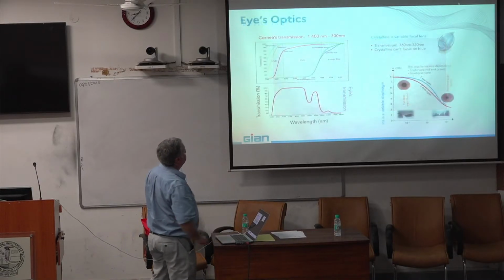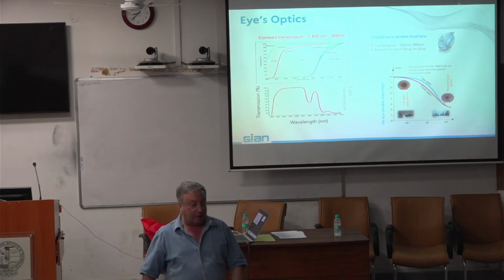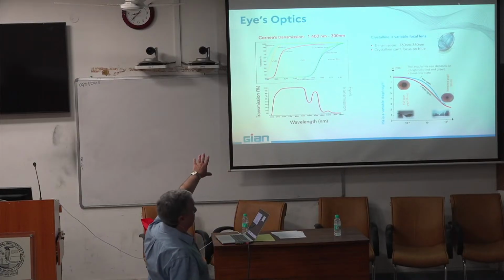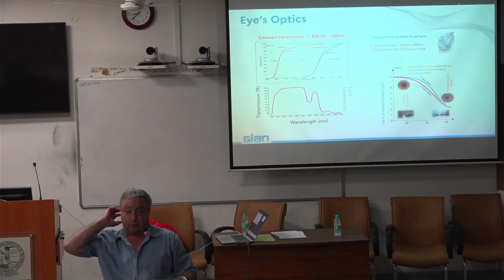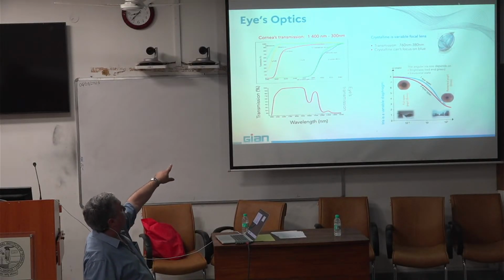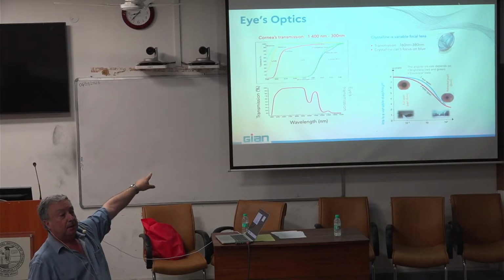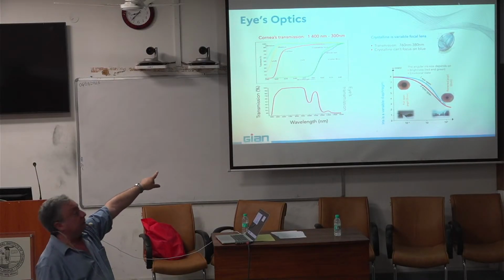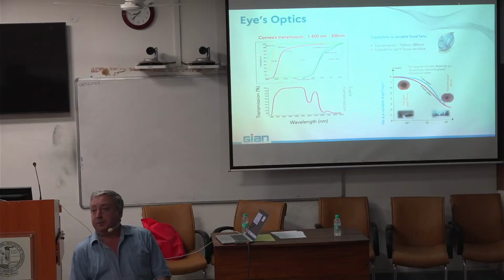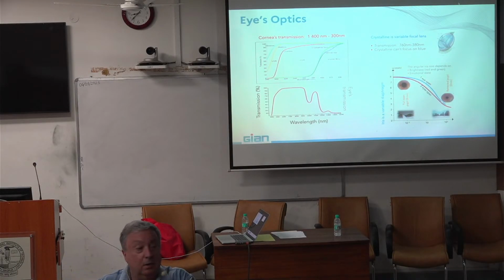Let's continue. A little bit more about the optics of our eye. The transparent part of the eye, called the cornea, has a transmission that goes from 1,400 nanometers, this is medium infrared, up to 300 nanometers. That means the transmission is going up to UVA.